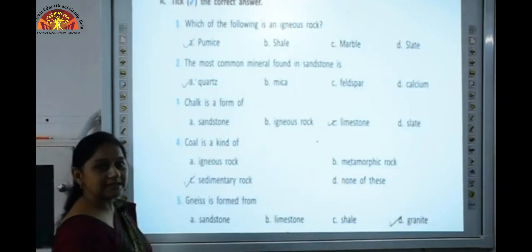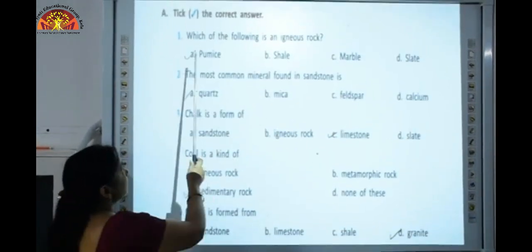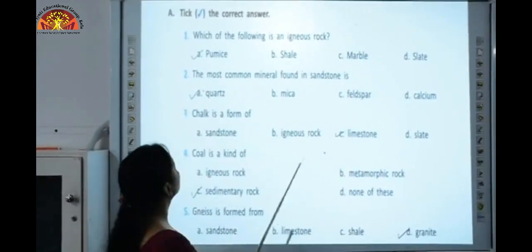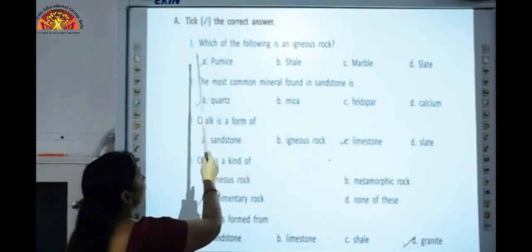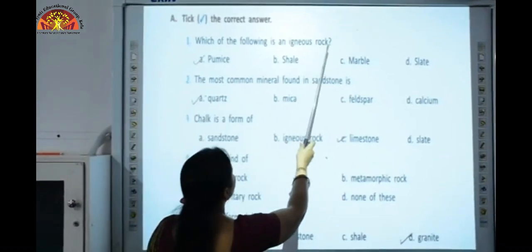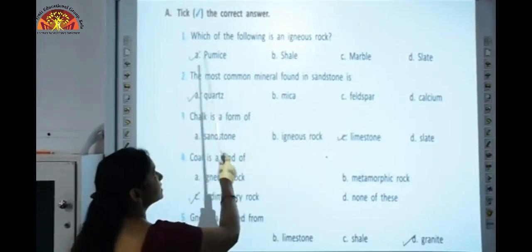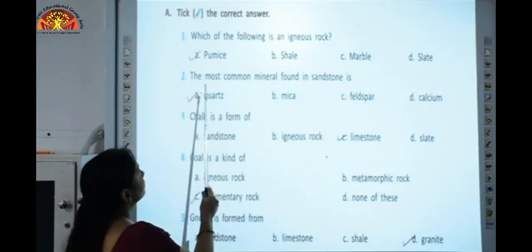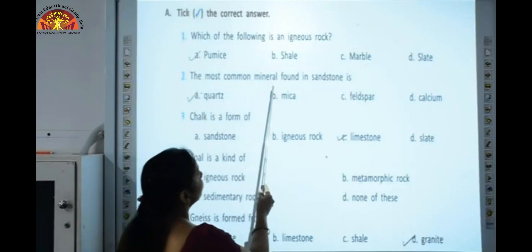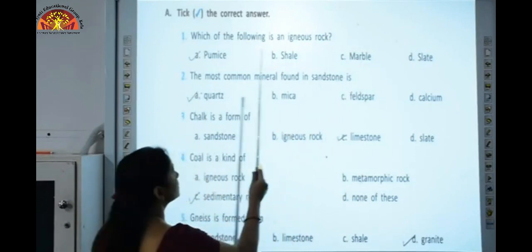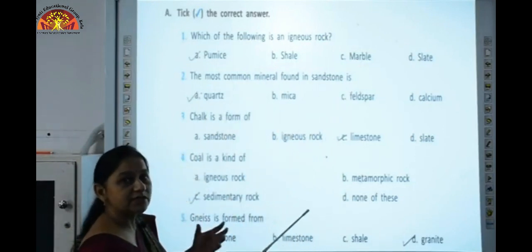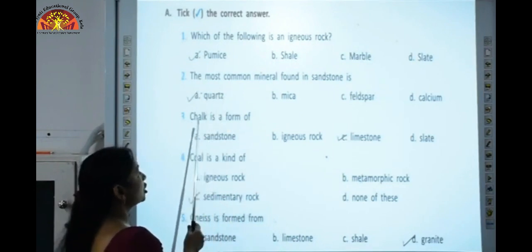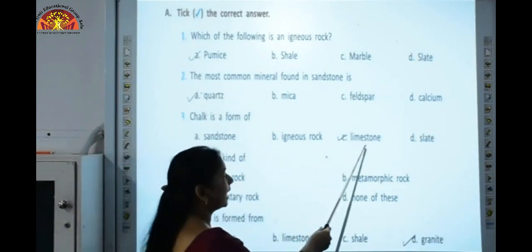Coming to the back exercise, tick the correct option. This is the first question in the last of your chapter. First one, which of the following is an igneous rock? Among these four, the igneous rock is pumice. The second, the most common mineral which is found in sandstone is quartz. Now the third one, chalk is a form of limestone.